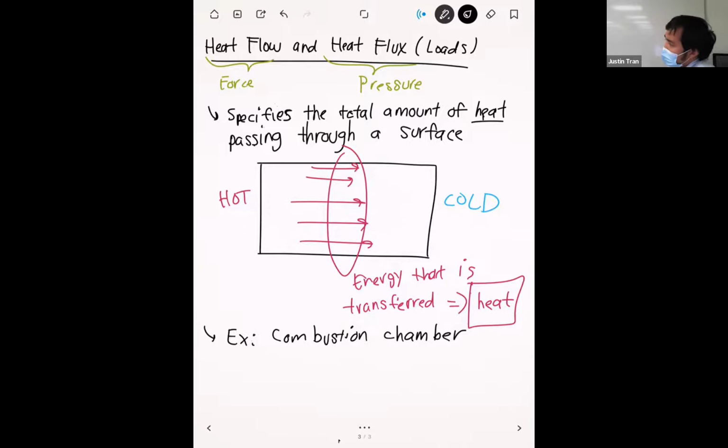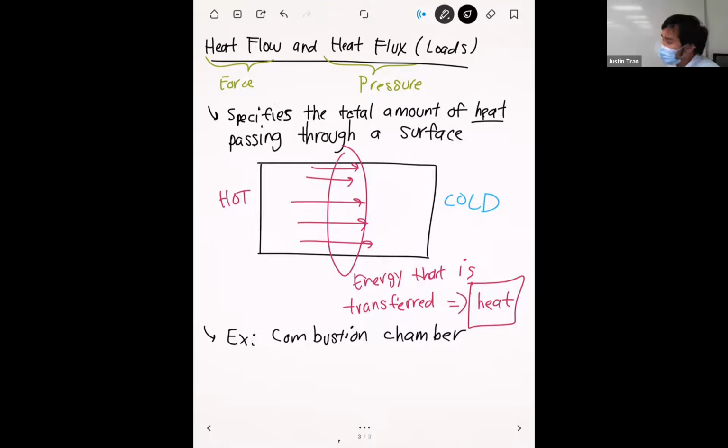But what's easier to do is chemically quantify how much oxygen, air and fuel is being added into the combustion chamber, and so you can quantify, with relative accuracy, how much energy that combustion reaction is giving off. And so if you were running this thermal simulation on your engine, you can apply a heat flux or heat flow boundary condition that is related to how much energy that combustion reaction is giving off.